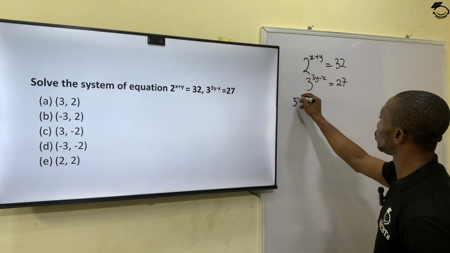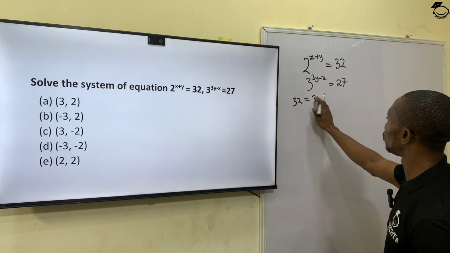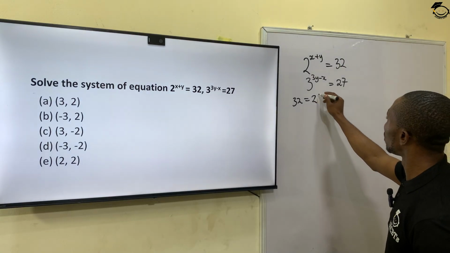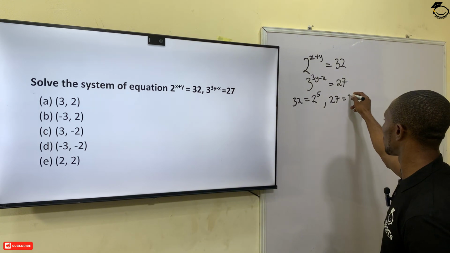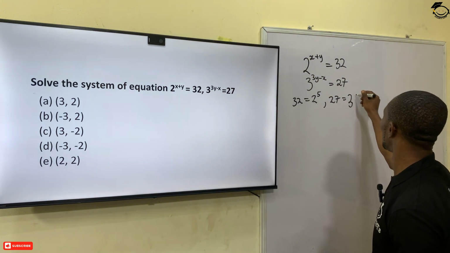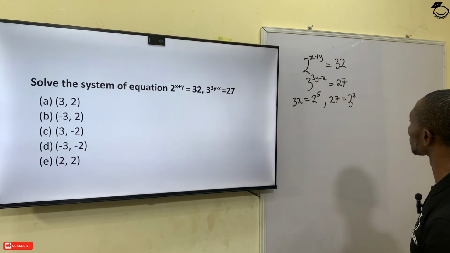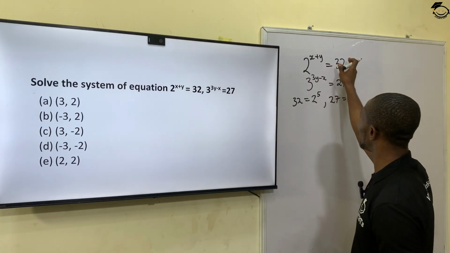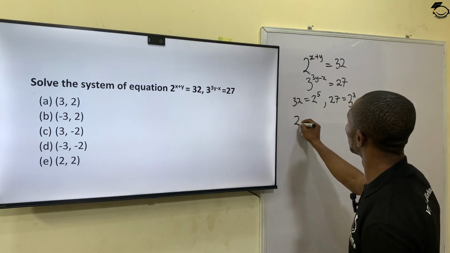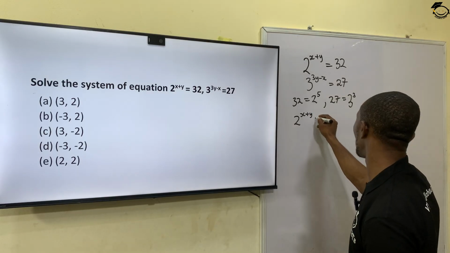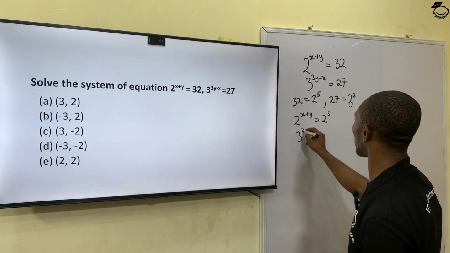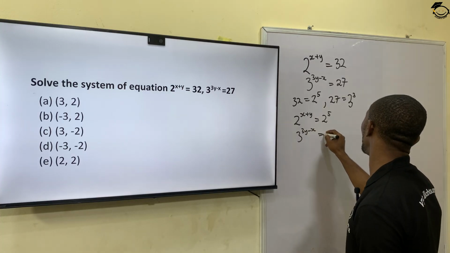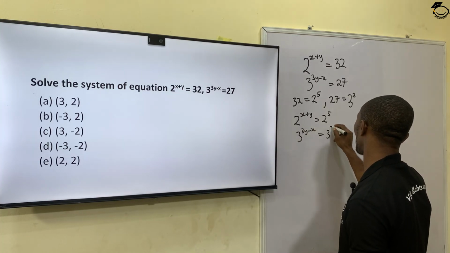So our 32 would give us 2 raised to the power 5, and 27 would give us 3 raised to 3. Now, replacing these values, our new equation would be 2 raised to x plus y equals 2 raised to 5, and 3 raised to 3y minus x equals 3 raised to 3.